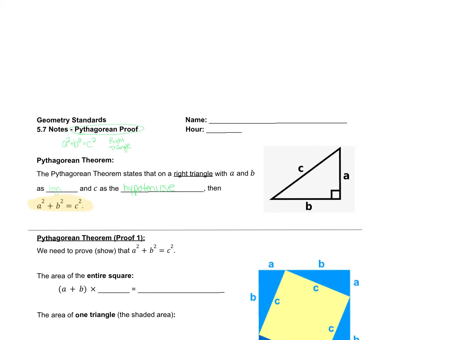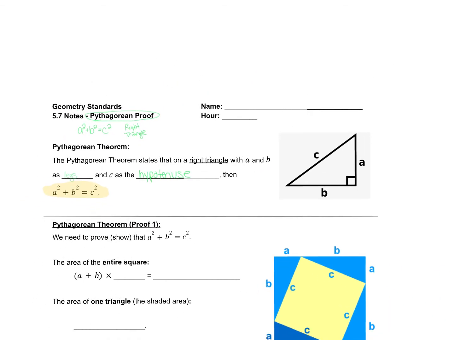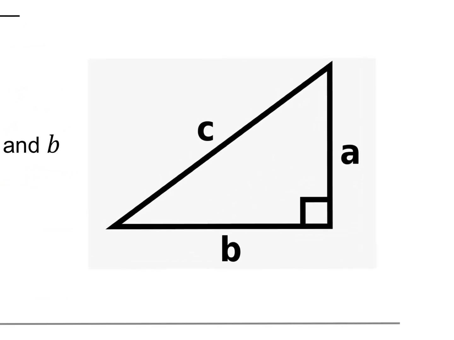Okay, so remember, a leg is what is touching the 90-degree angle. So this only applies when we have this box or it says it's a 90-degree angle. Okay. So I always like to identify my hypotenuse first, and it's wherever my box is pointing. So it's pointing this way.